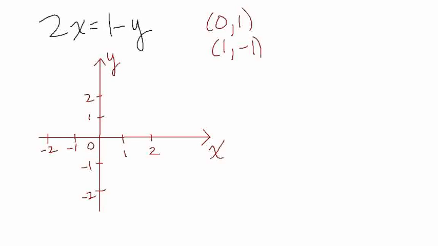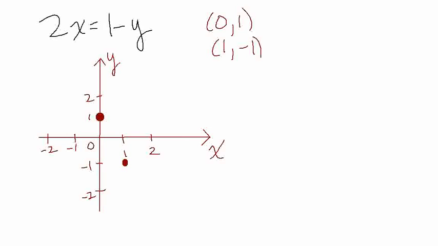Now let's put our dots on the picture. So 0, 1 would be right there, and 1, -1 would be right there.